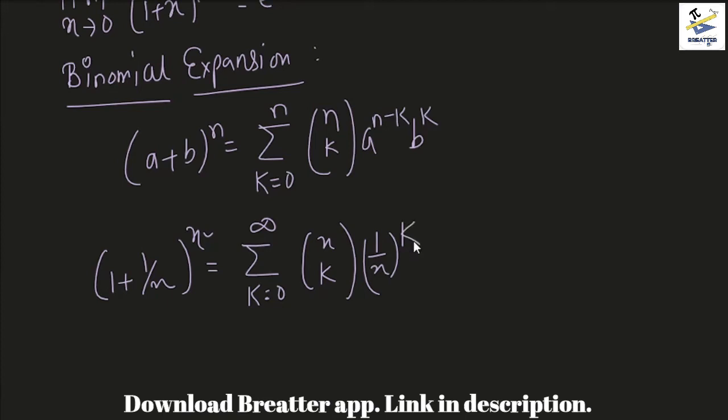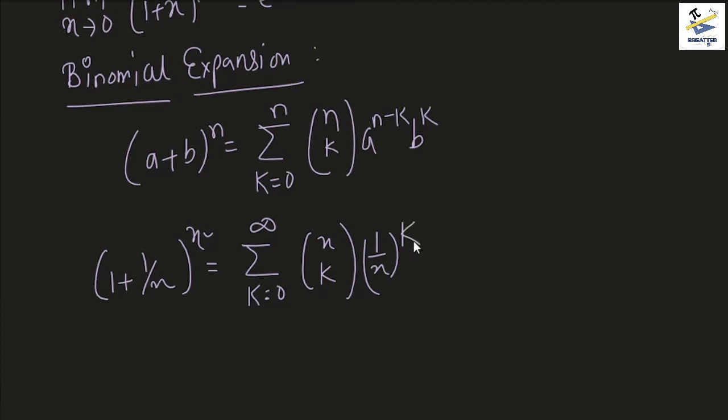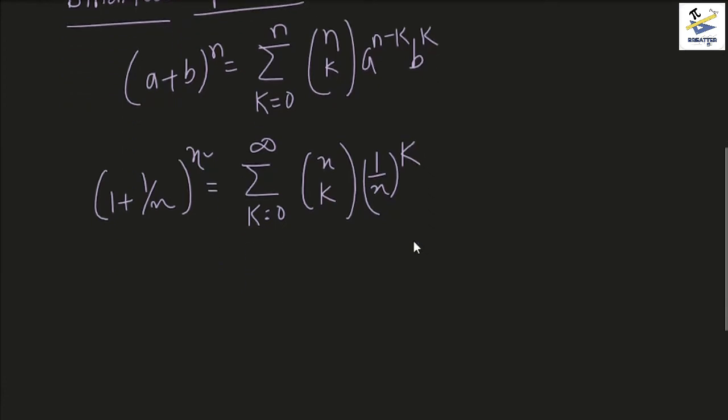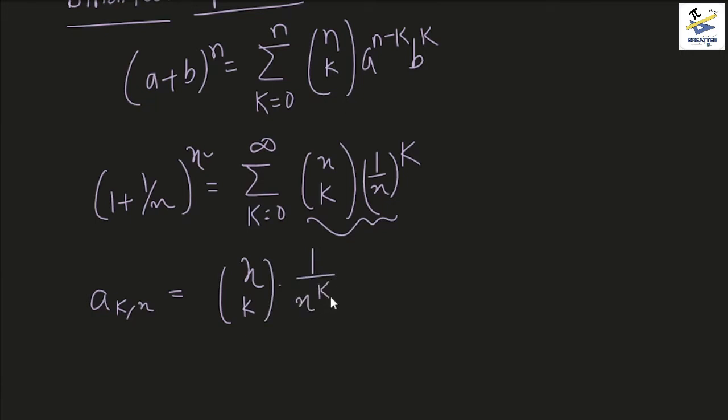Now the thing to be noted is this term here. If you just write it as a function of both k and x, it can be written as x choose k into 1 by x to the power k, right?